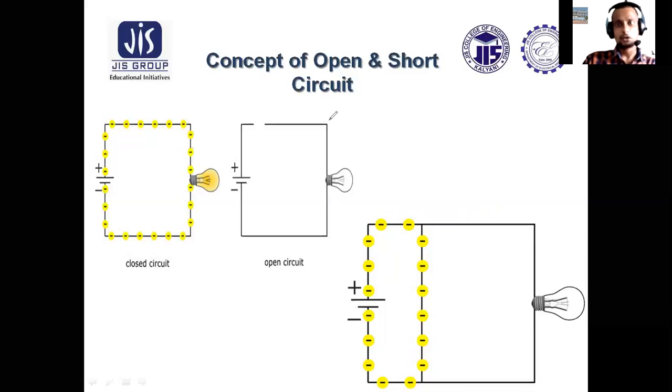Okay. So this is up to this. Under this lesson, we discussed voltage divider rule, current divider rule, applications of voltage and current divider rule, and we also discussed the concept of short circuit and open circuit. In the next class, we'll be discussing some numericals on basic concepts of electric circuits.